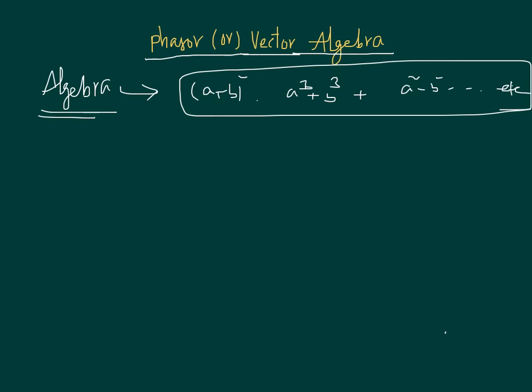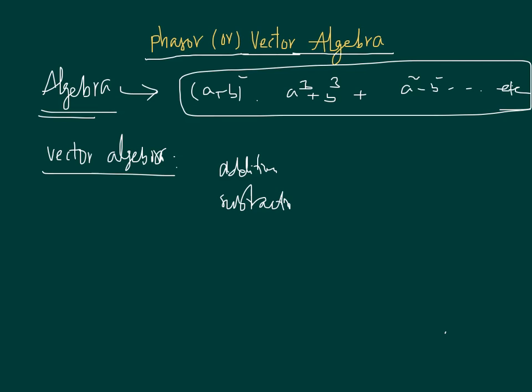But in vector algebra we will have the same operations. The same operations means the operators are addition, subtraction, multiplication and division of vectors.